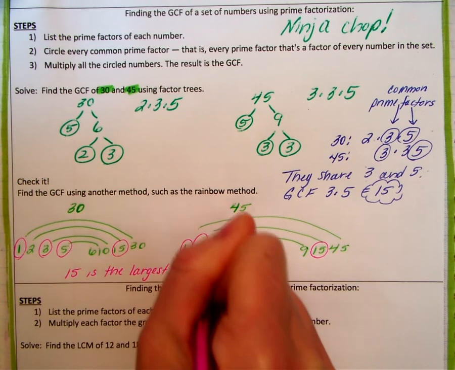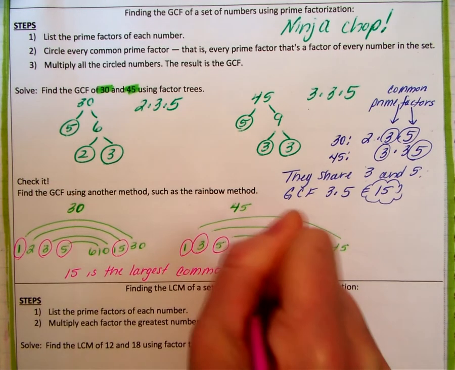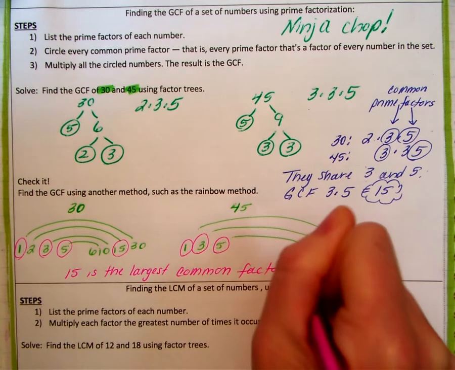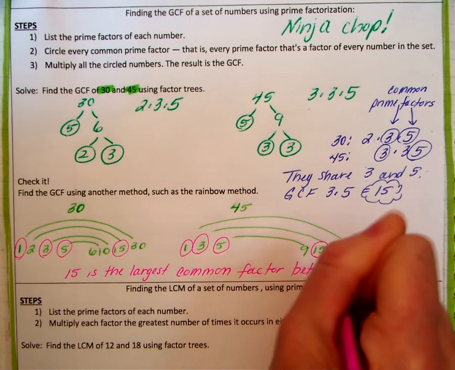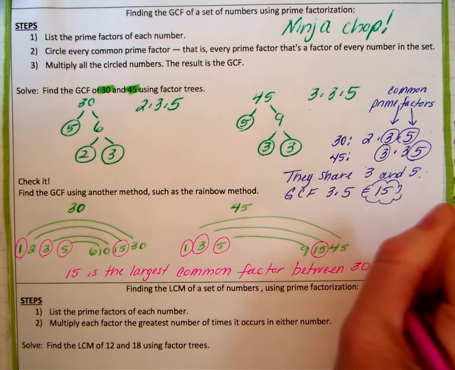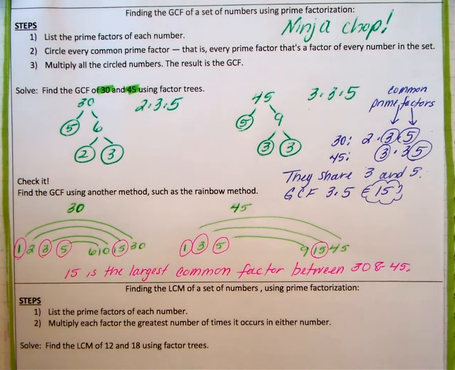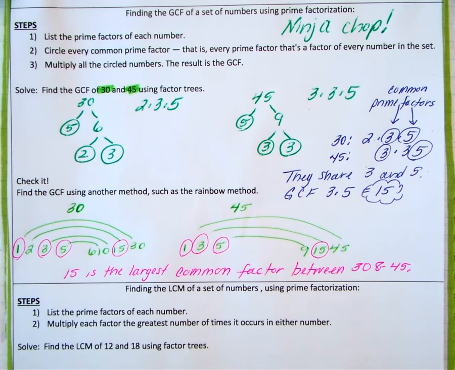Common being they share it. So either method, we got there. But the purpose of this video is to emphasize the first method, using prime factorization to find the GCF, and the steps are listed for you.